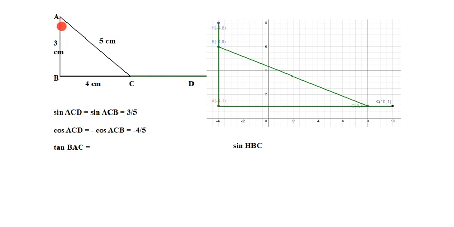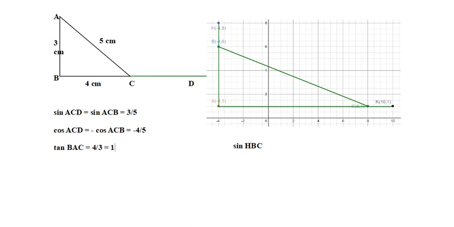Which one is the opposite of this angle? Of course, this side. And then adjacent, is it going to be here? No, this is the hypotenuse, so it's going to be this one. Let's put that in our text box over here. It's going to be 4 out of 3.